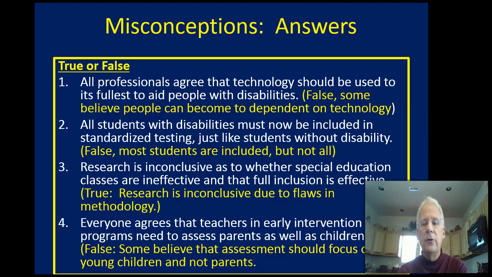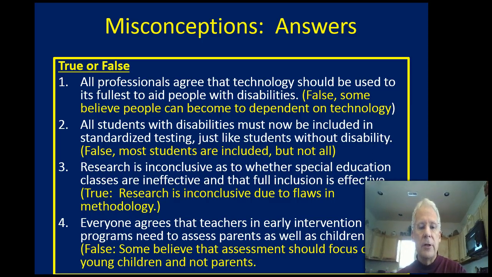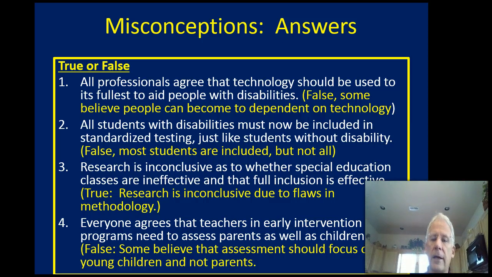Number 3, research is inconclusive as to whether special education classes are ineffective and full inclusion is effective. When we talk about full inclusion, we mean having the student in the classroom all the time. And the research on this is inconclusive due to flaws in methodology. In other words, the ability to conduct a study to determine whether full inclusion is effective is flawed.